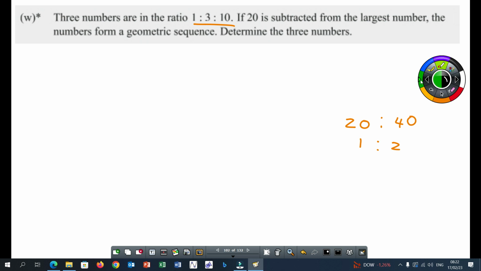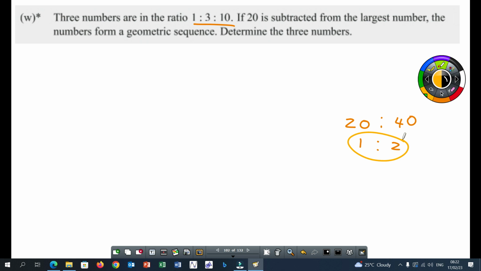I'm sure you are aware that to get this ratio, you divide by the highest common factor, isn't it? And the highest common factor there is 20. That's how you end up having 1:2.